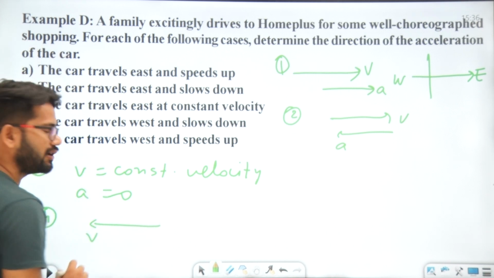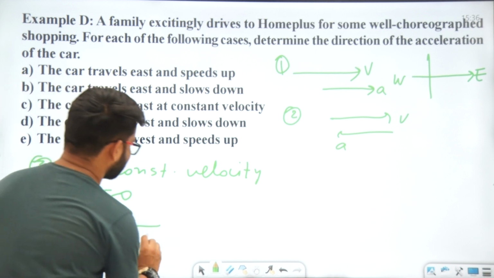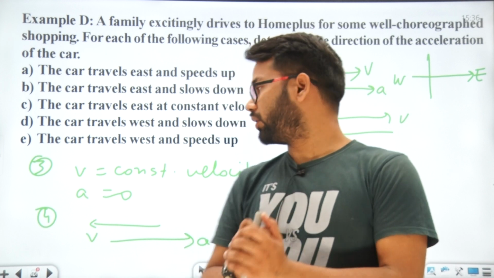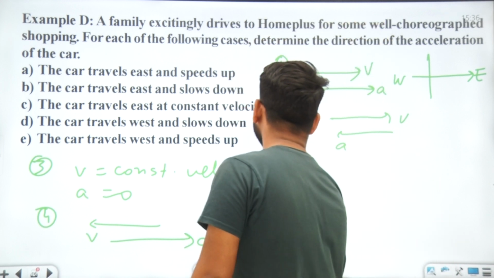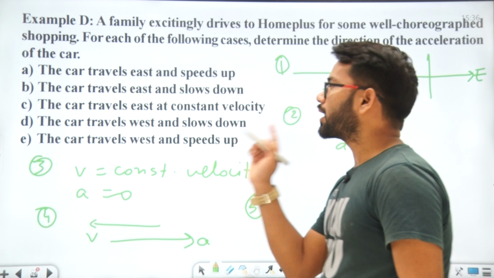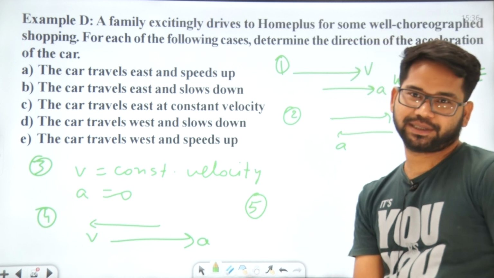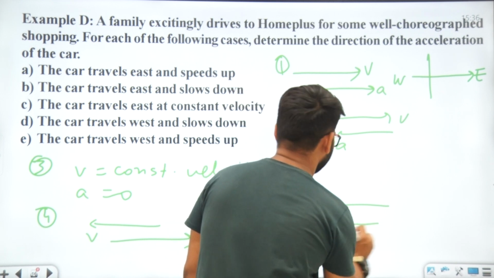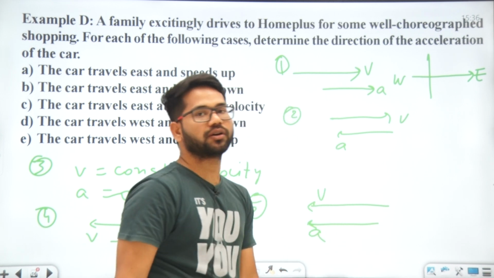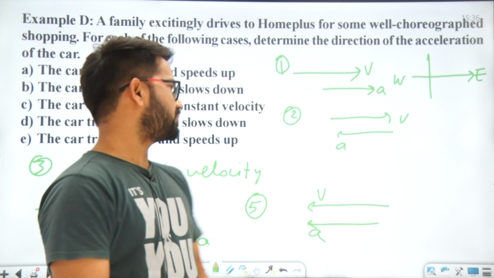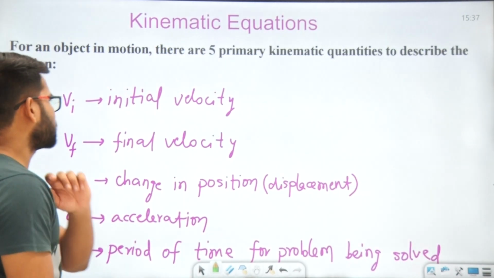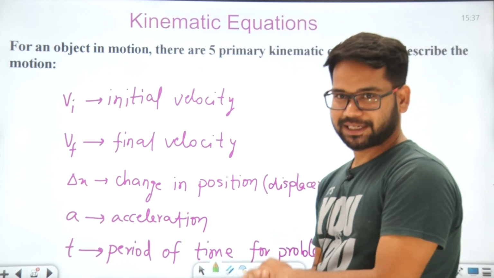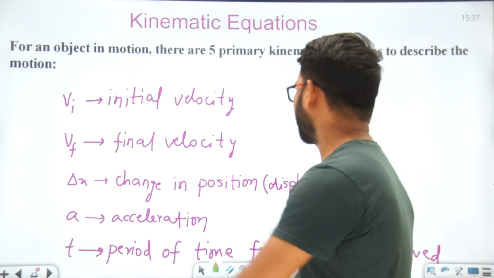So velocity will be in west and acceleration will be opposite to velocity, that means eastward for slowing down. Fifth situation is car travels west and speeds up. Okay, so velocity will be in the same direction as acceleration because it speeds up. Now students, you understand acceleration, speeding up, slowing down.